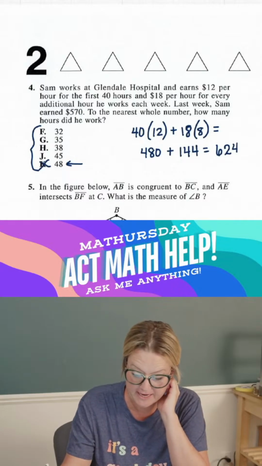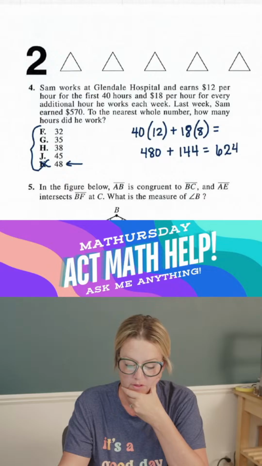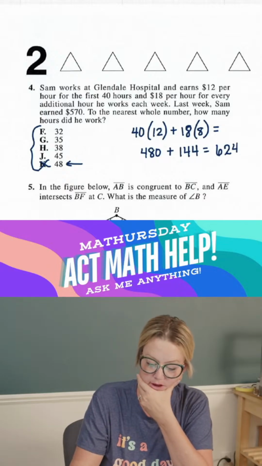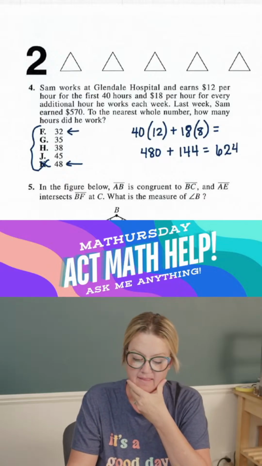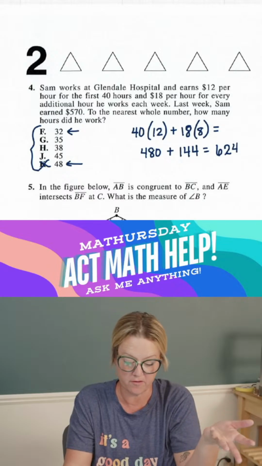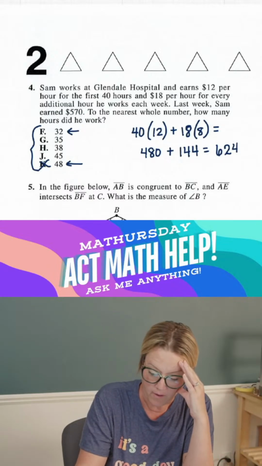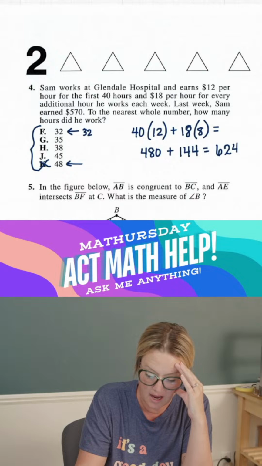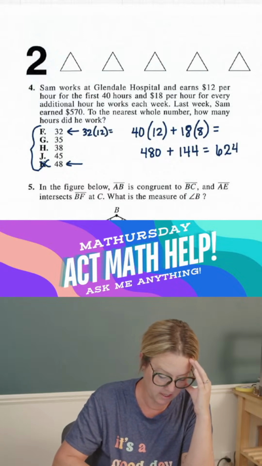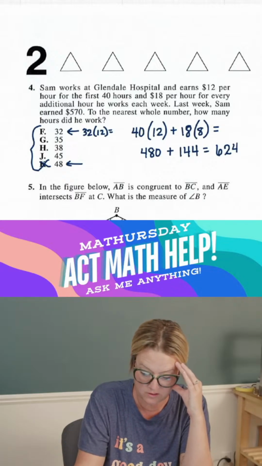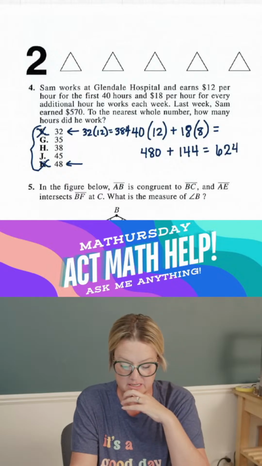So we know that it's not 48. Now if I jump back down to 32, that means he only earns $12 per hour, right? So 32 times 12 gives me 384. That's way too low. So now it's going to be somewhere in the middle.